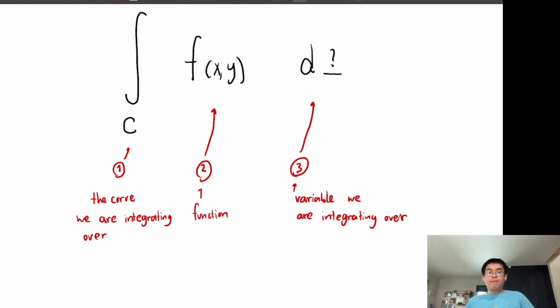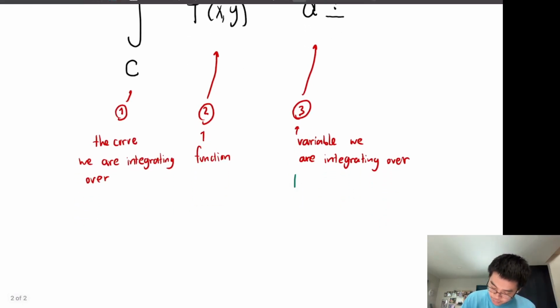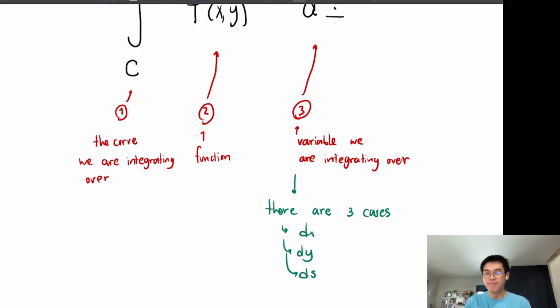All right. So for starters, there will be three types of basic d. We can do dx, dy, and ds.